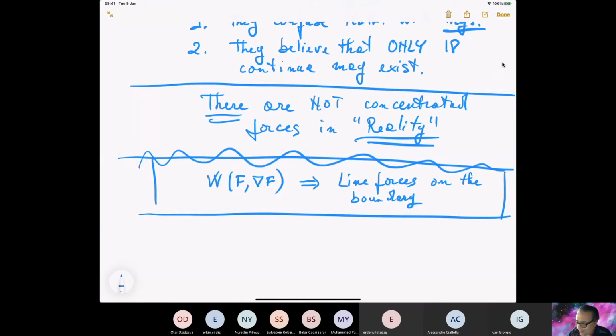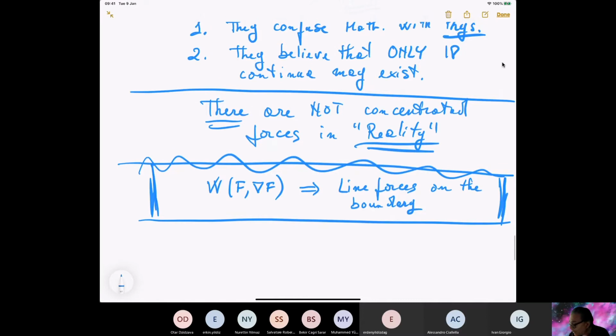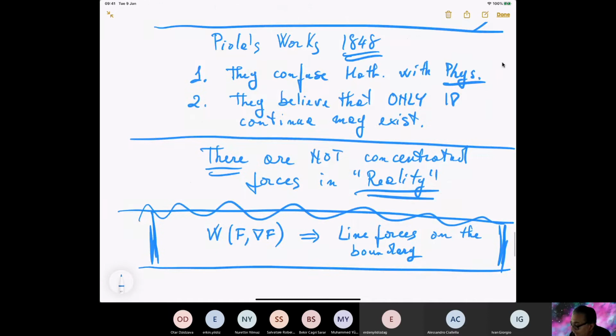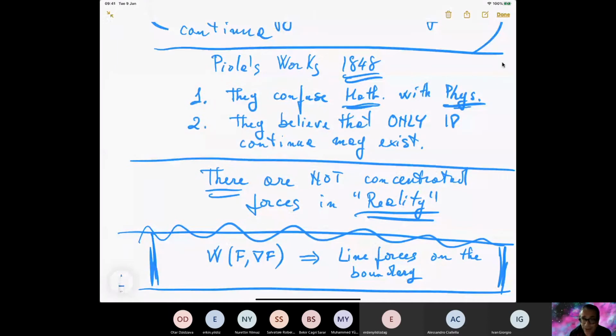I think that if you go into the history of science, you find this situation repeated systematically, because of the confusion between mathematics and physics, and believing that your hypothesis is generally valid.